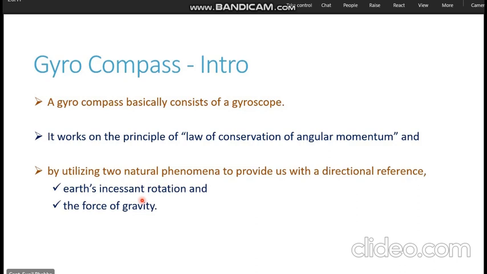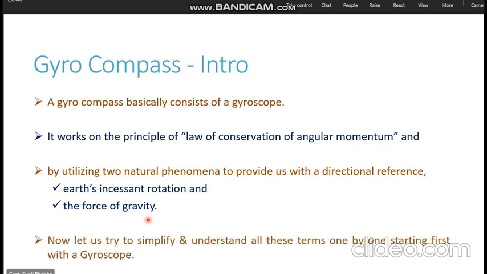Earth completes one round around its axis in 24 hours. So this rotation of the Earth is utilized to make a gyro compass. And second is the force of gravity. So these are two universal natural phenomena which are in existence, and in making a gyro compass, we utilize both of them. So now let us try and simplify and understand all these terms one by one.